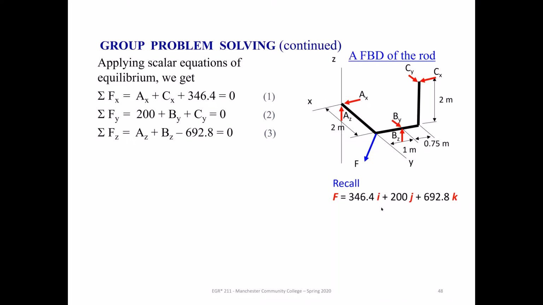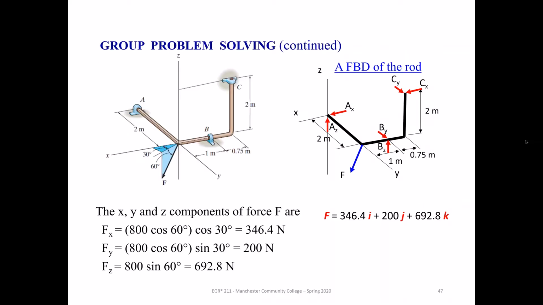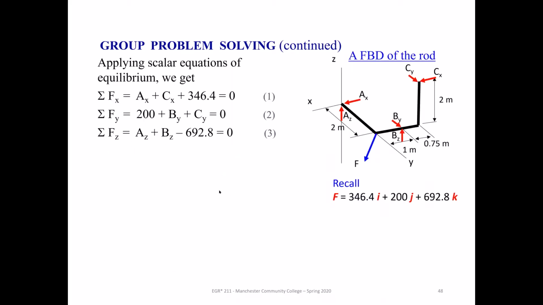And in the z direction, we have the 692, and AZ and BZ. Just one thing to note here, this should be a negative, because it's going down. Here the positive z is going up, so there's a little bit of an error here. This should be a negative 692.8, and that's what you'll see in here. So it's a minus 692.8 here.